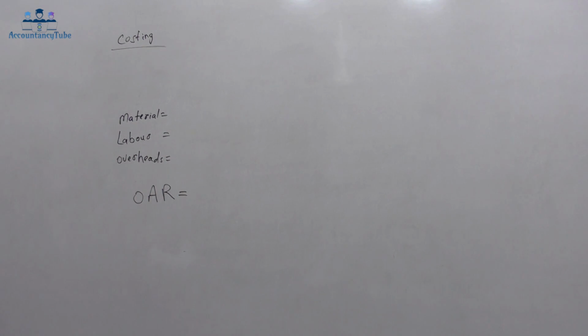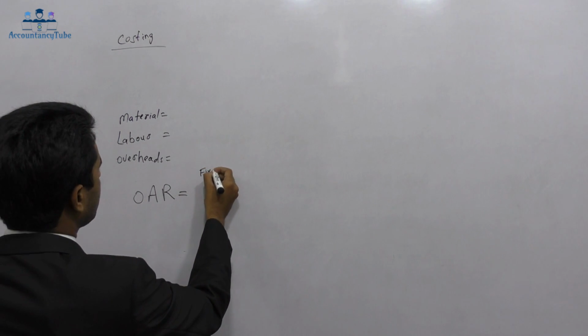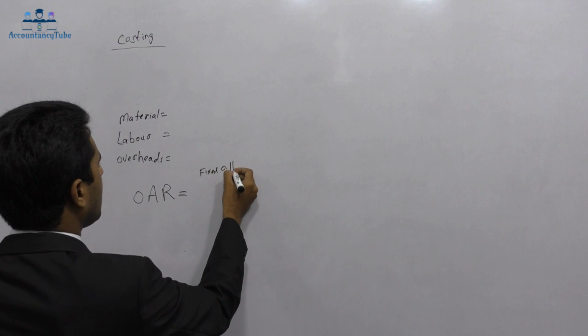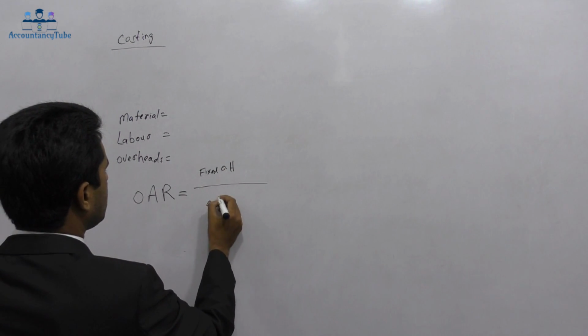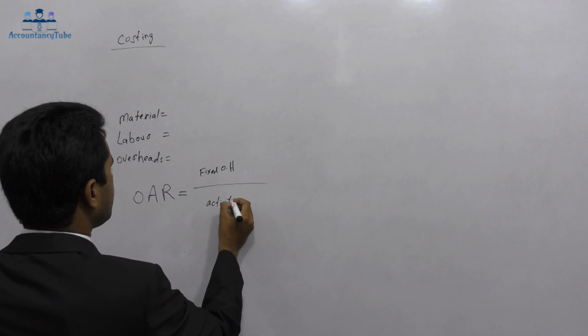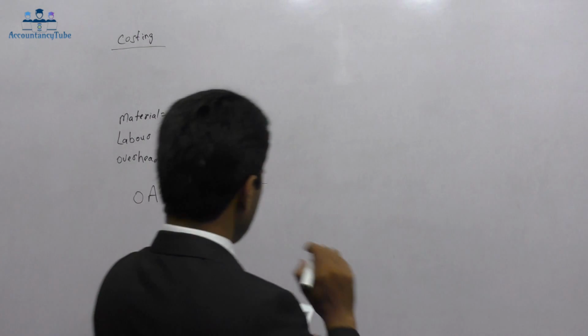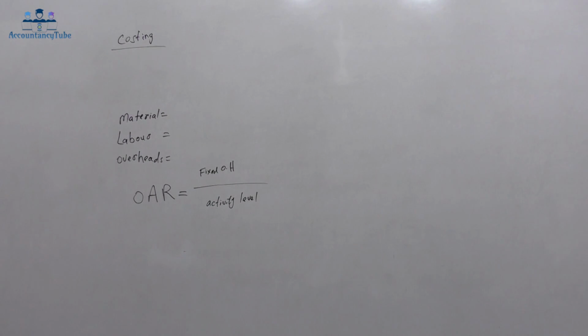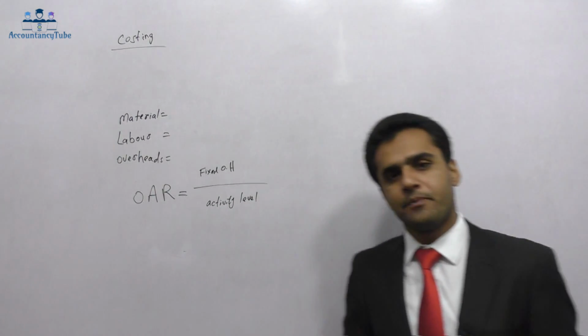So what we do is we take fixed overheads and divide it by activity level. Basically we take the overheads and divide them by activity level, and that's how we calculate the overhead absorption rate, right?